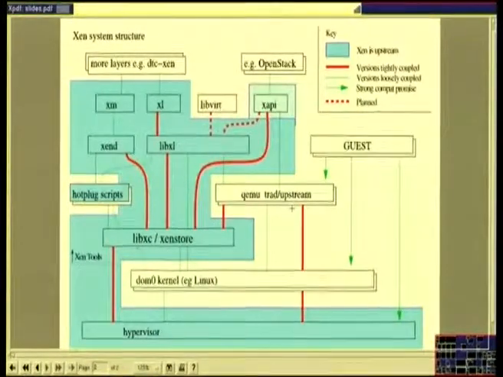So there's one other difficulty which shows up in this diagram. Xen upstream, we don't promise that you can run one version of the hypervisor with a different version of the tools. That is, the management software will only work with the corresponding hypervisor. We don't break compatibility within a stable branch, so when we release stable bug fixes and security fixes, there's compatibility from one release to the next.